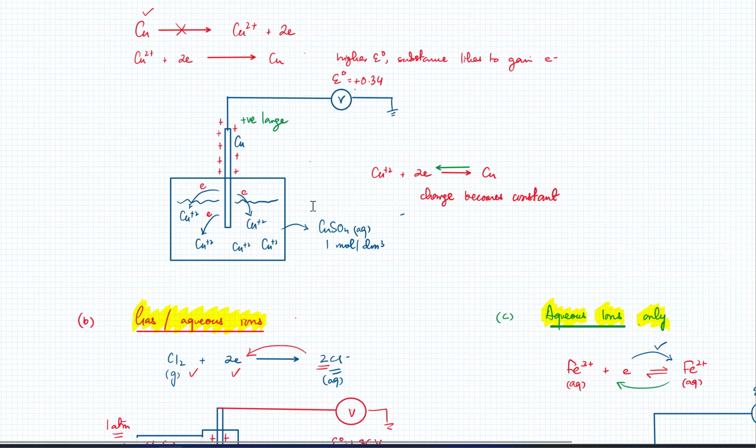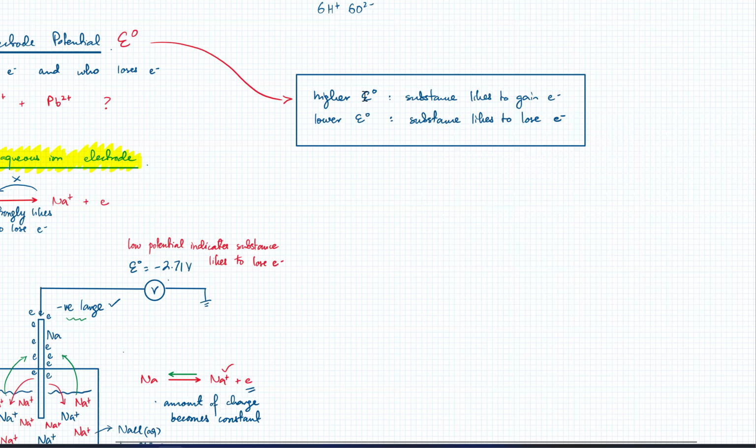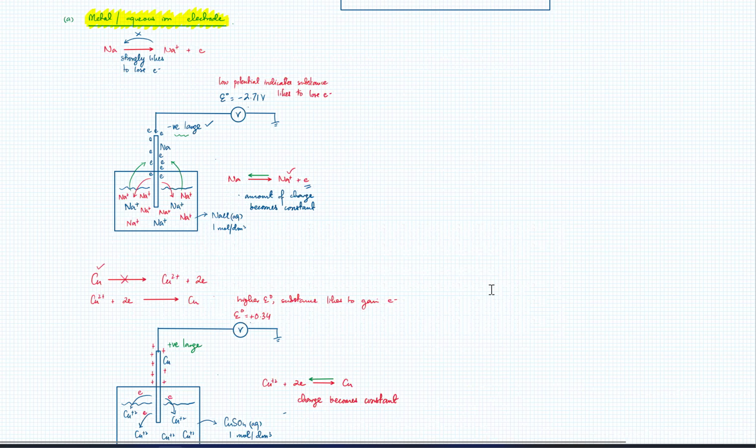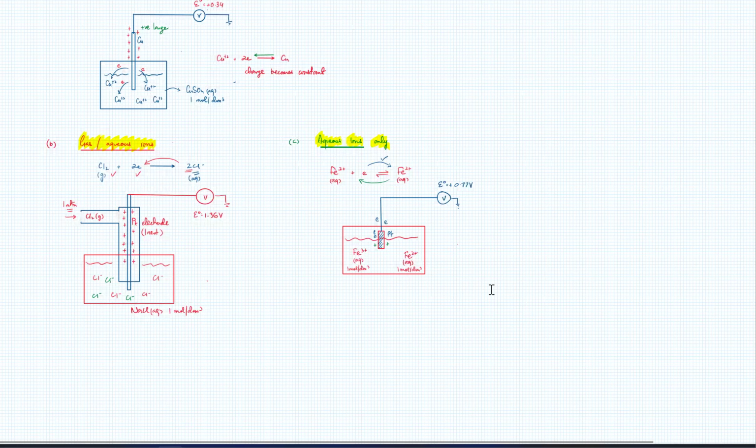So the ions would be in the solution and the metal would be placed. If someone wants to lose electrons, it's going to make it negative. If someone wants to gain electrons, that's going to make it positive. The main thing is a higher potential indicates it likes to gain electrons, a lower potential indicates it likes to lose electrons. But the drawings over here are very important. You get a lot of marks for drawings. So 3 types of electrodes. We've done all 3 types of electrodes.